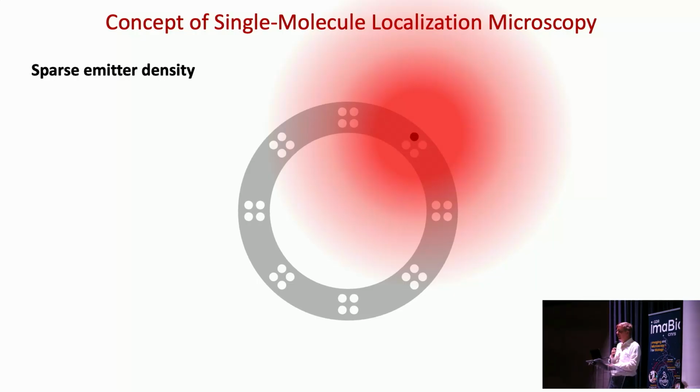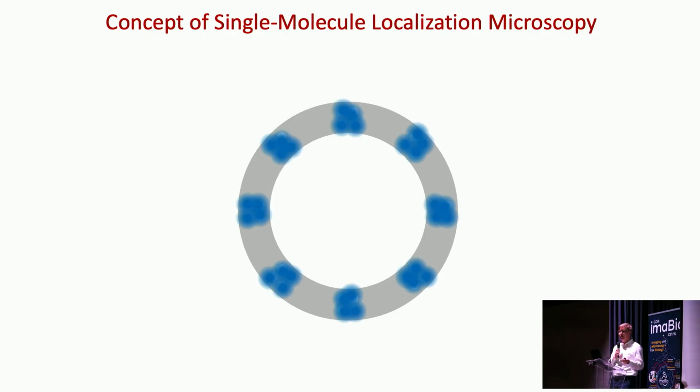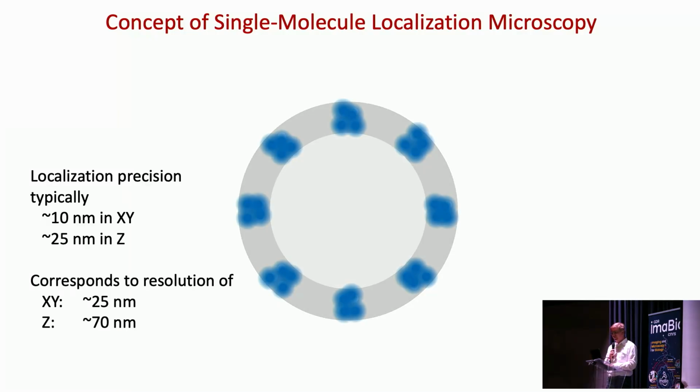But now we know it's a single molecule, and we just need to find its center position, and we just plot the center of that molecule. And then we turn off this molecule, activate the next one, image that one, and repeatedly do this until we have localized a large number, ideally all, of these labeled positions.